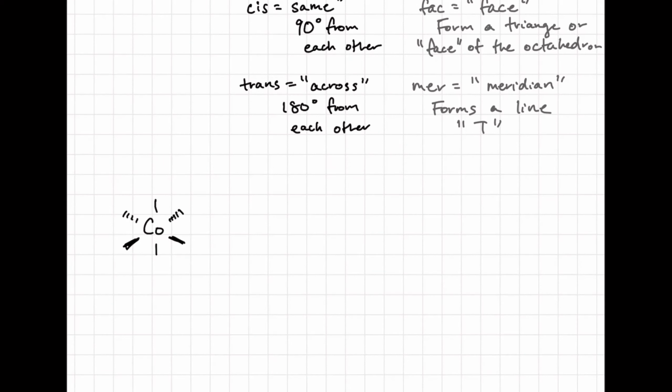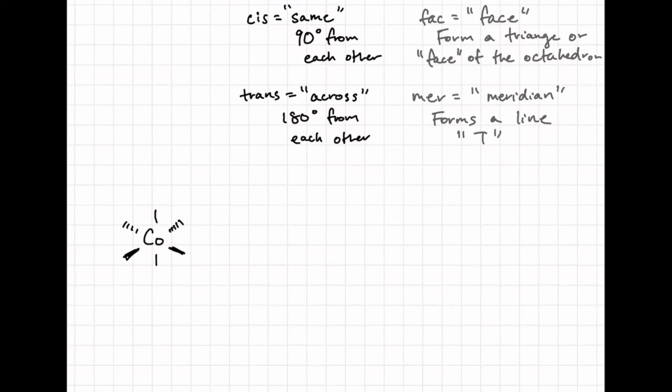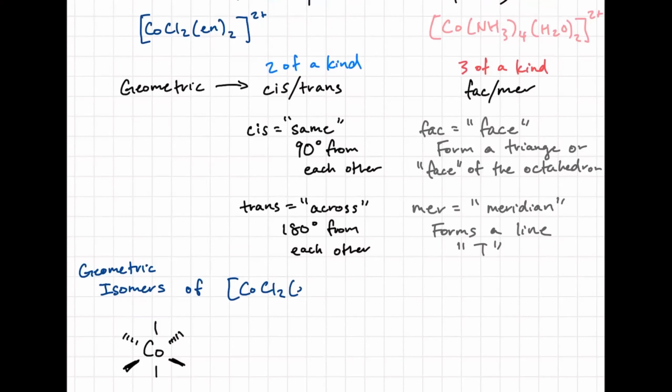I don't like drawing it the other way because I've been doing it this way for quite a while now. So I'm just going to copy what we have to do. Let's do geometric isomers of, I'm just going to copy that one down here.